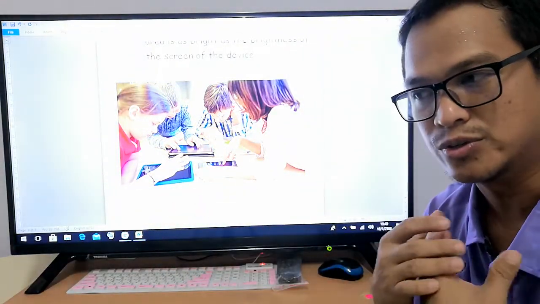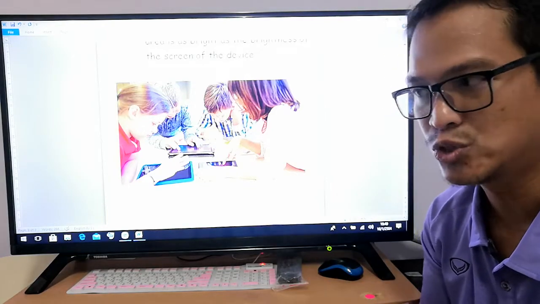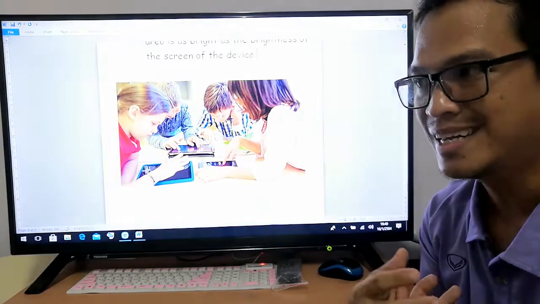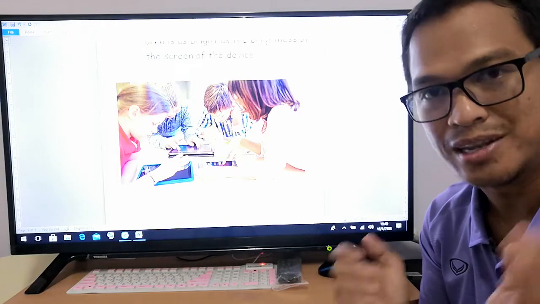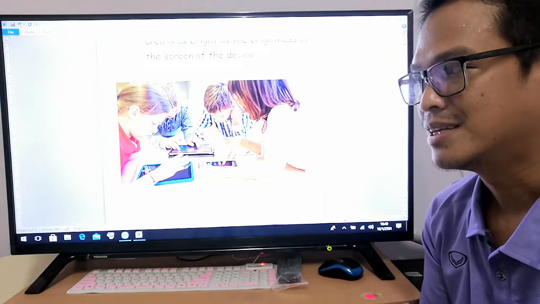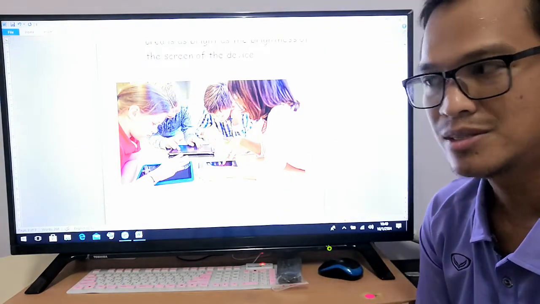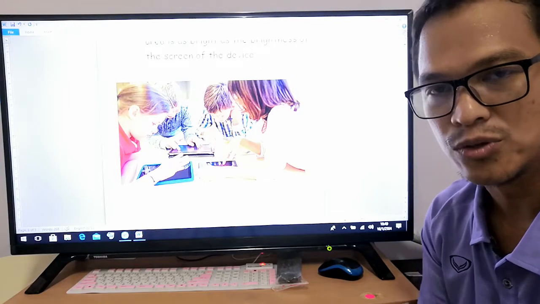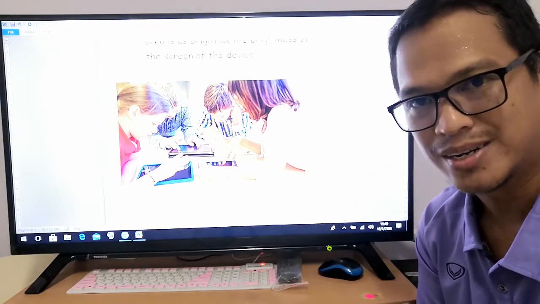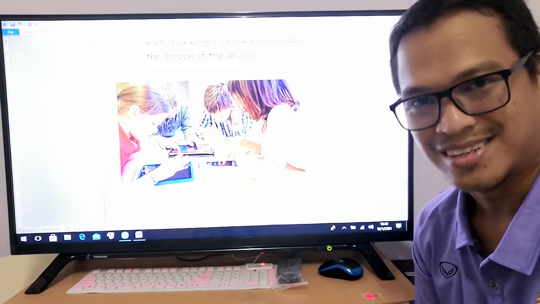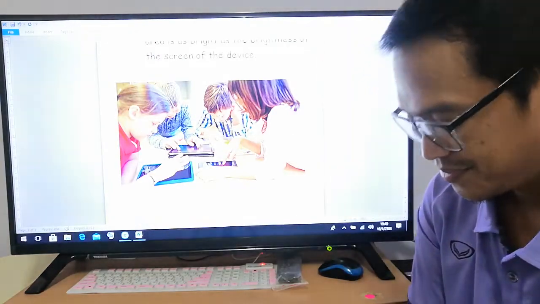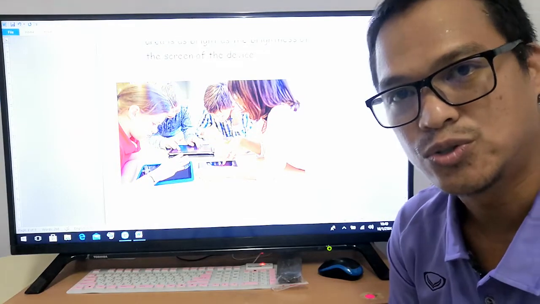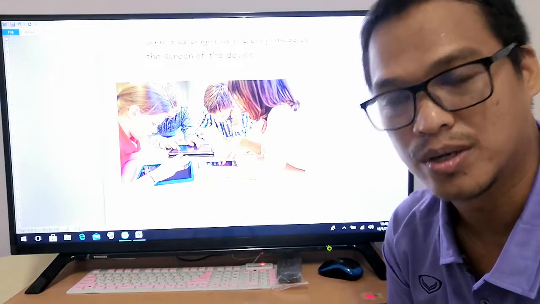If you're going to use a phone or a tablet, make sure that you're in a very well-lit room. Don't use tablets or phones if the room is dark. It will cause eye strain. Do you understand?